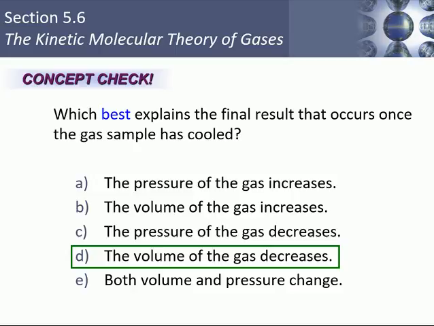If there's less kinetic energy because of the cooler temperature, the gas particles are going to be moving at a lower velocity. So when they collide with the container walls, they're going to be exerting less pressure, less force, and therefore not pushing that piston out quite as hard, and the volume will decrease.